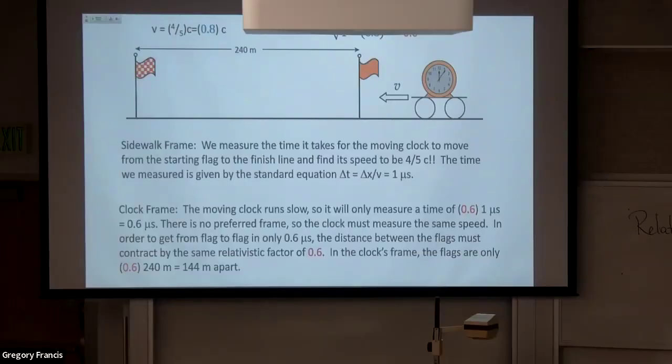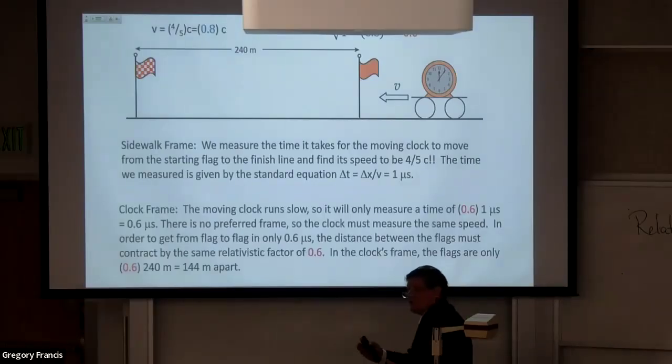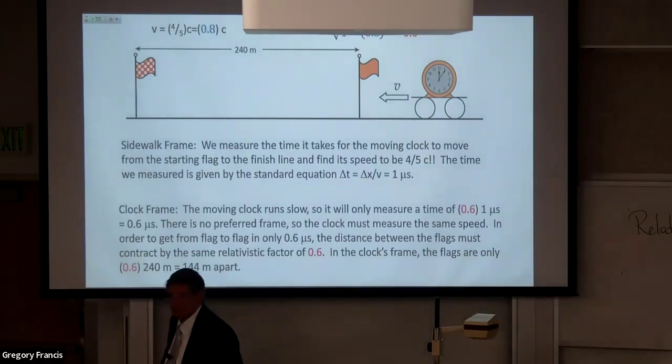If in their moving frame, their clock only moves 60% of a microsecond, how are they going to measure the same speed? How are they going to agree that one is moving at 4/5 the speed of light relative to the other? Well, the only way we can do that is if the distance between the flags gets contracted in that moving reference frame by the same relativistic factor.